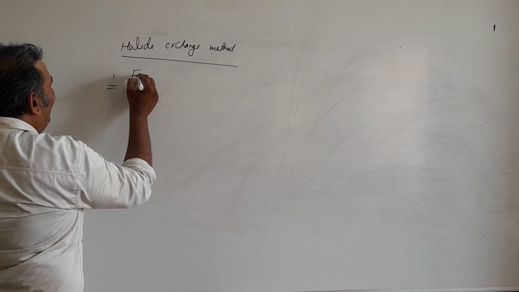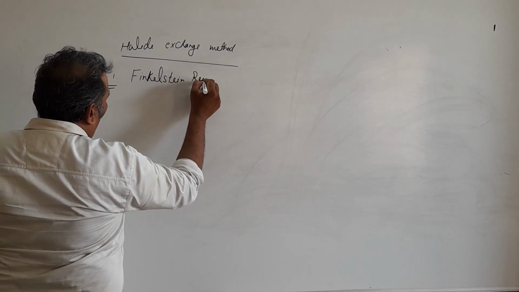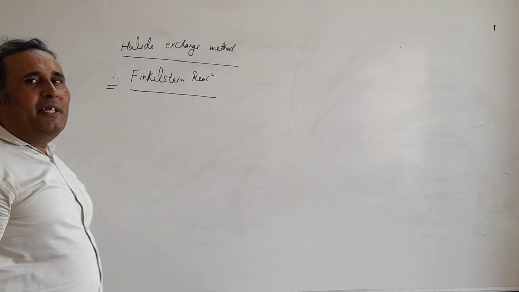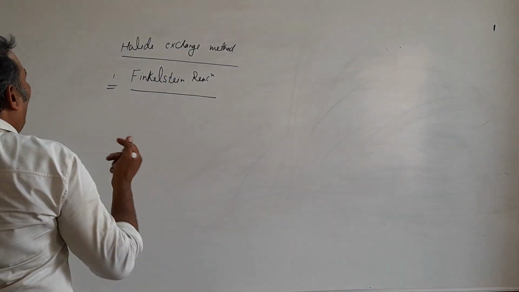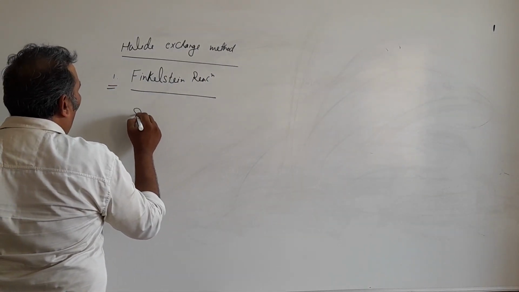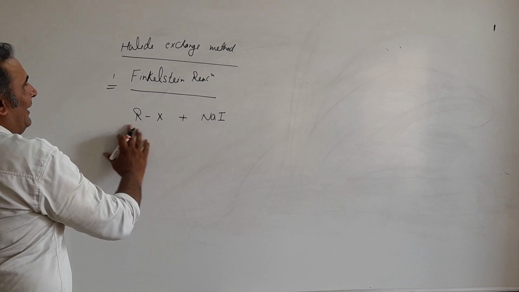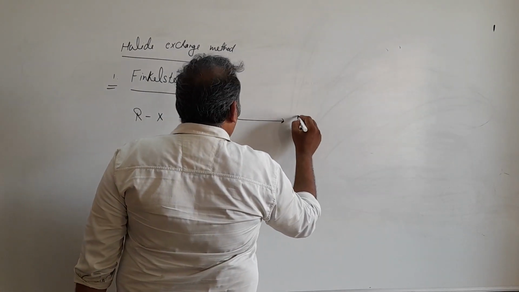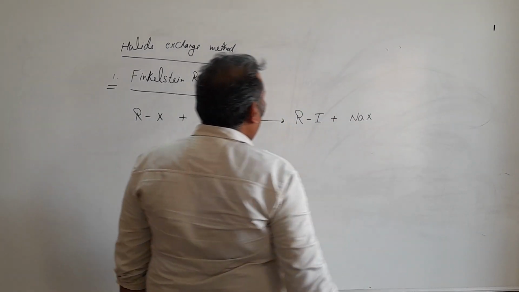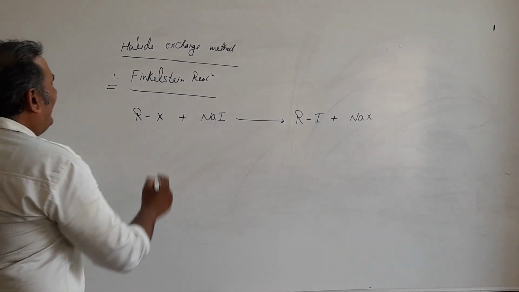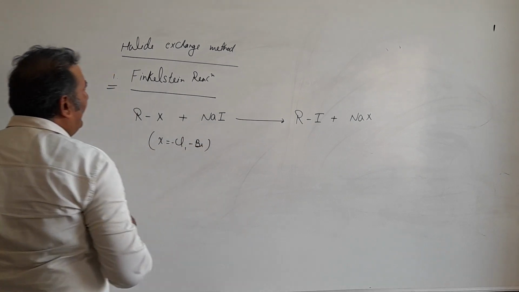The first one is the Finkelstein reaction. It is very important and is used for the preparation of alkyl iodides, or iodoalkanes. We treat our alkyl halide with sodium iodide, NaI, and we get RI plus NaX. X may be Cl or Br.